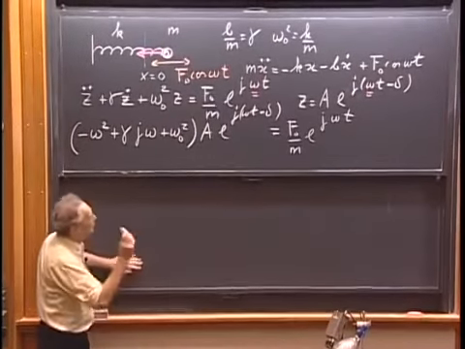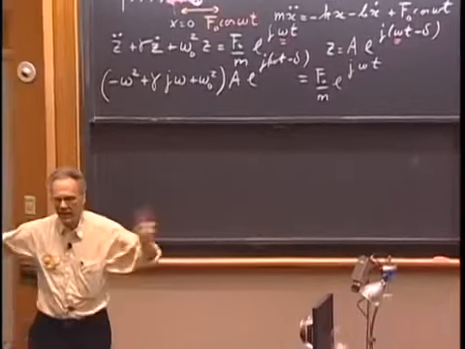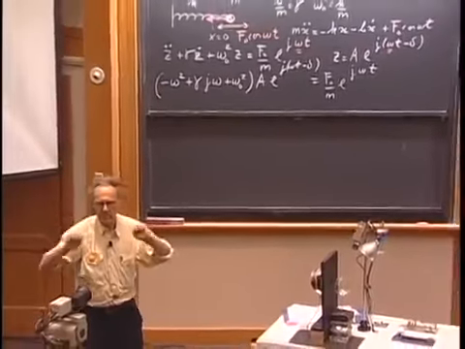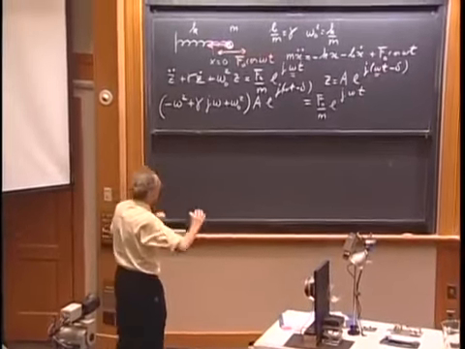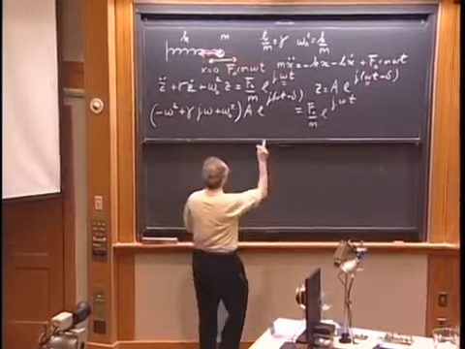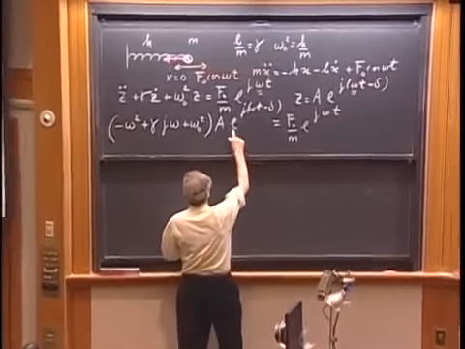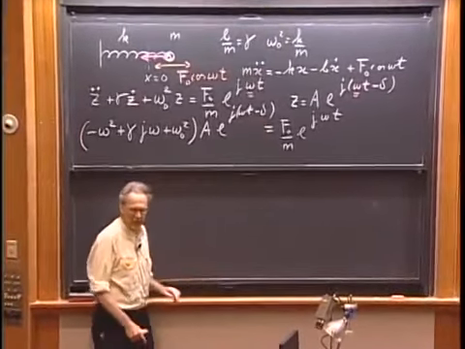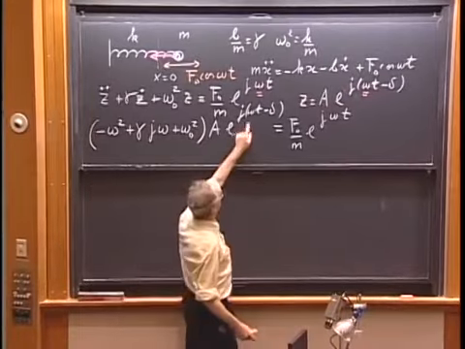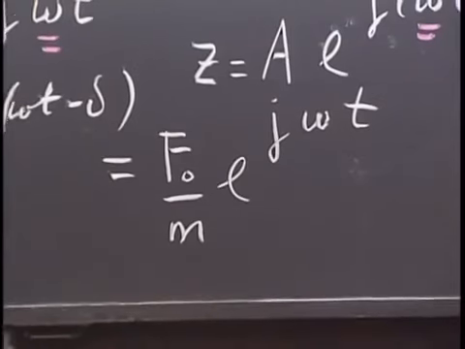And you see that e to the power j omega t cancels on both sides. So I lose my e to the power j omega t, and I'm going to multiply both sides by e to the power j plus delta. So I lose my delta here, but it appears then here.